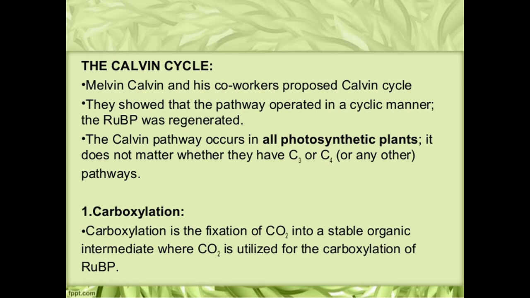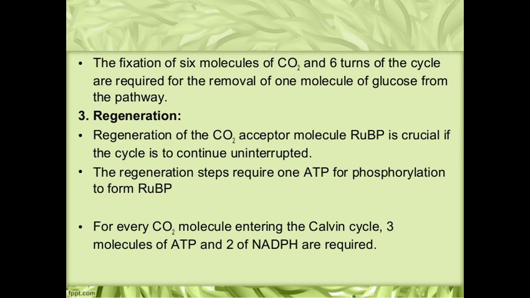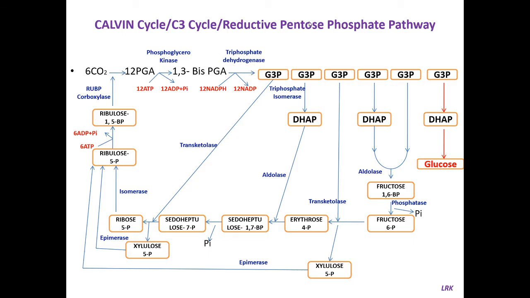And an unstable 6-carbon compound is formed which splits into two molecules of phosphoglyceric acid. This reaction is regulated by an enzyme called ribulose bisphosphate carboxylase oxygenase.